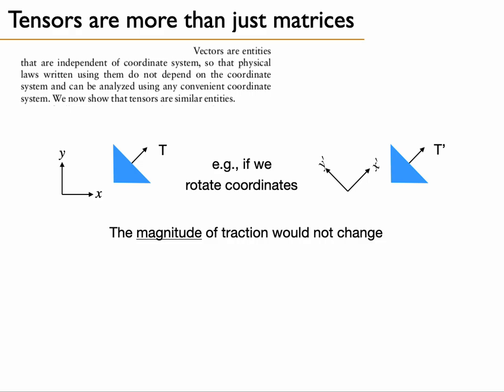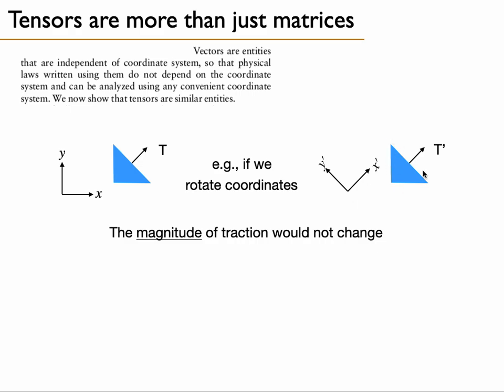If we rotate the coordinate system, something interesting will happen with the stress tensor. The magnitude of the traction will not change. So we have the xy coordinate system and this situation where a face is being cut obliquely through our square, and we will have a case where the coordinate system is rotated.